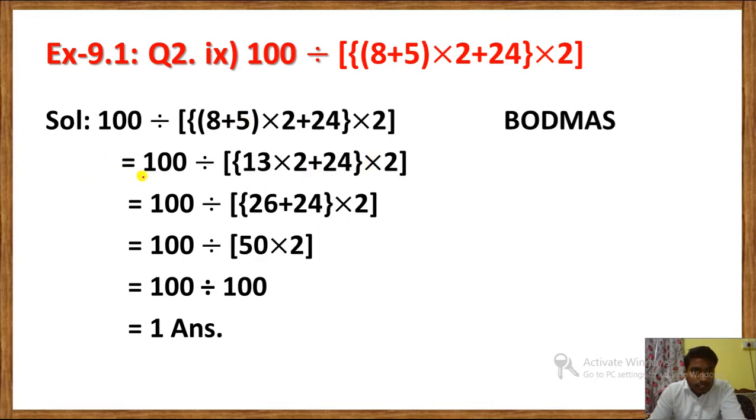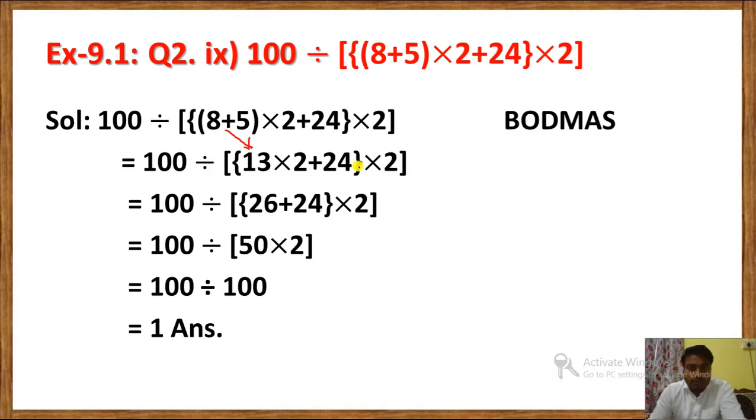Let me show you in the next line. So this is the next line: 100 ÷ [{13 × 2 + 24} × 2]. From here we got 13. The rest of the part we write as it is.